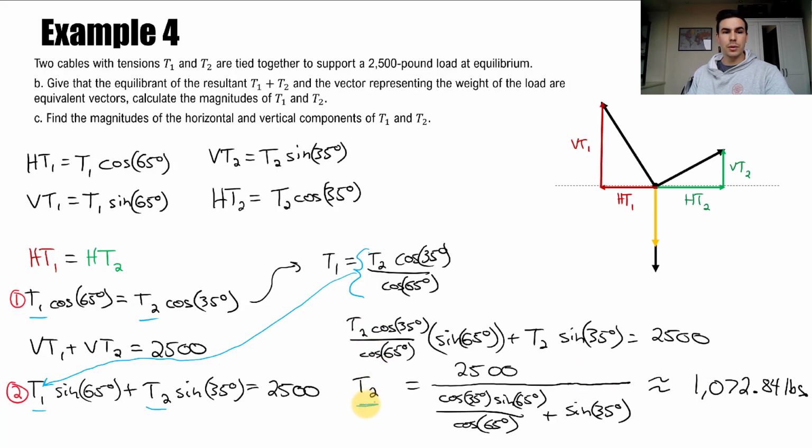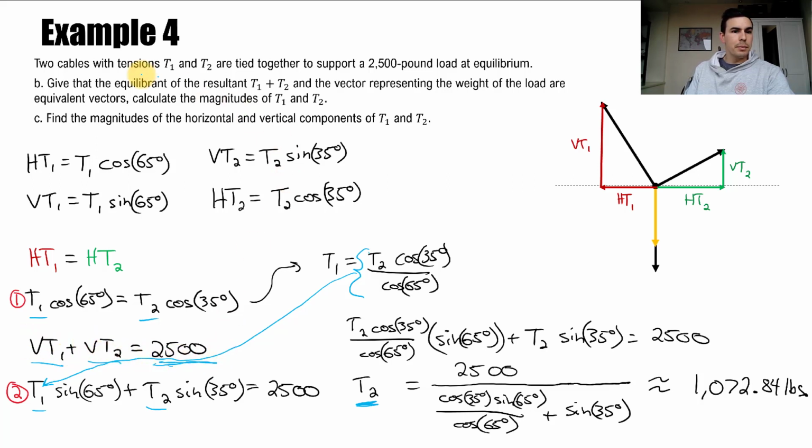Keep in mind, that was the total tension of T2. Now we're completing part B here. Given that we have the equilibrium, the resultant of T1 plus T2 and the vector representing the weight of the load are equivalent vectors. So what we're saying here is what we had earlier, where VT1 plus VT2 is equal to our load of 2,500.